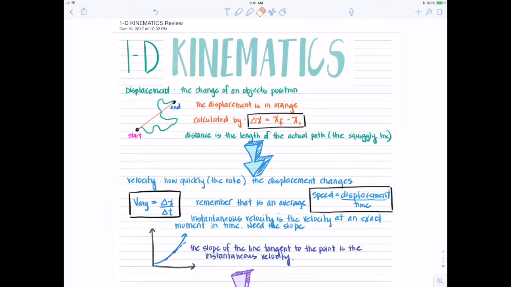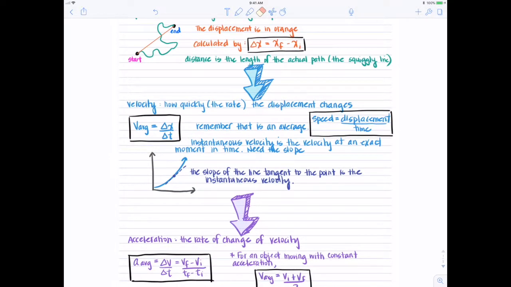If you were to calculate the instantaneous velocity at a particular time t, then you would need to calculate the slope at that point. So you see here in the diagram, if we had this graph of velocity, then we would need to calculate the slope at a particular time. So if we're looking at instantaneous velocity here at time t, we need to calculate the slope at that point.